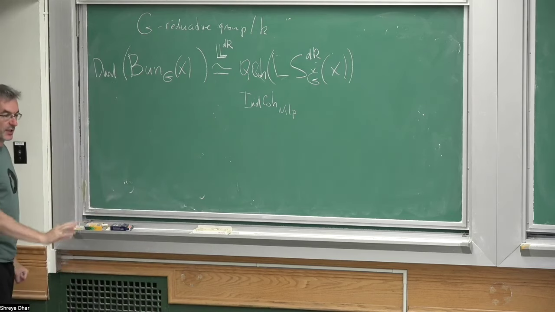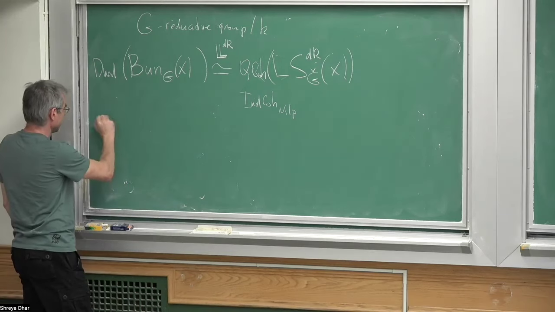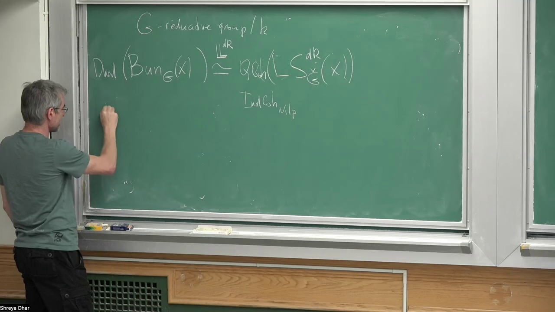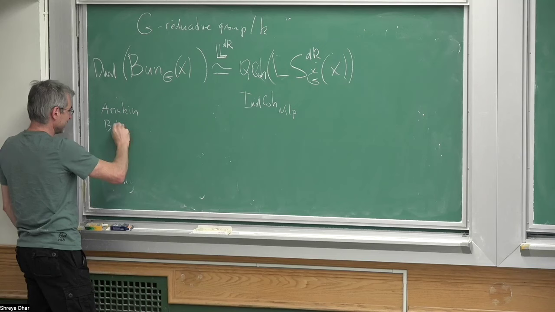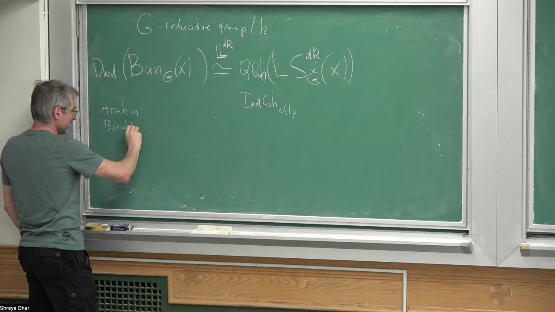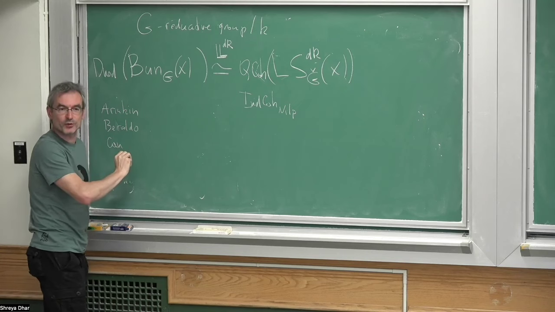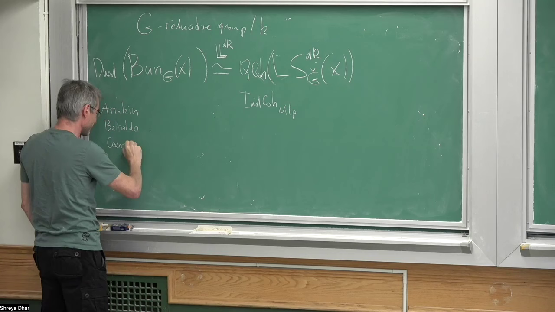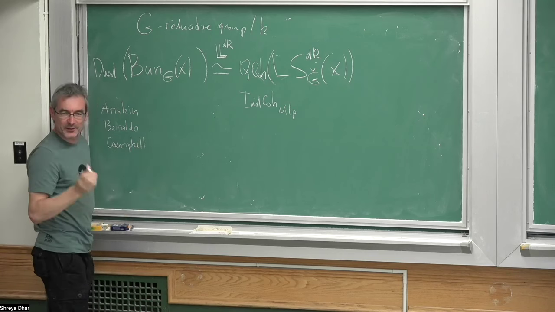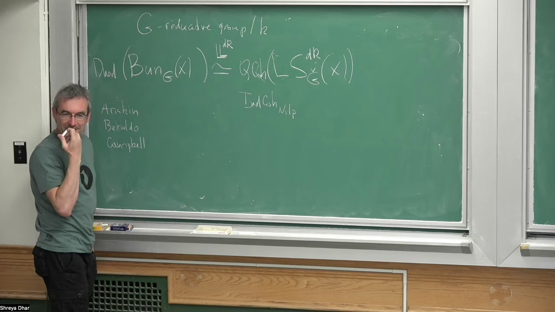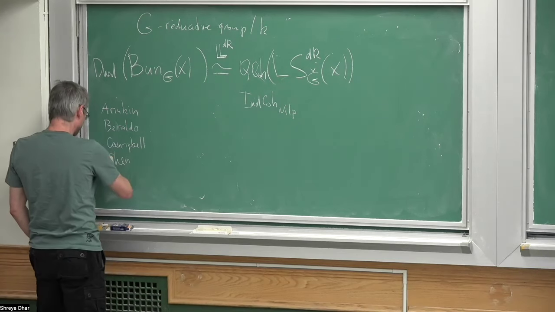First of all, I should say that it's a joint work involving people whose names I have trouble listing alphabetically. Arinkin, Beraldo. So now it's English. A-B-C. Campbell, Justin. I told him not to attend the talk. Chen, this is Lin Chen.